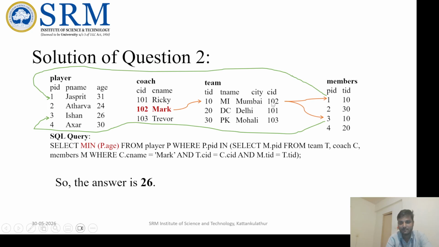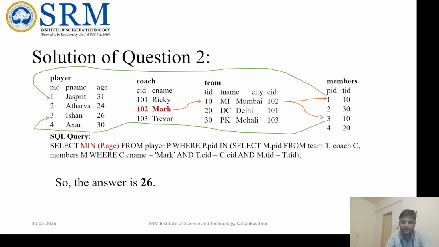That team is mapped to the team members, and they are 1 and 3, two team members. Then the outer query follows: the players' ages are 31 and 26, and obviously 26 is less than 31, so the answer is 26.